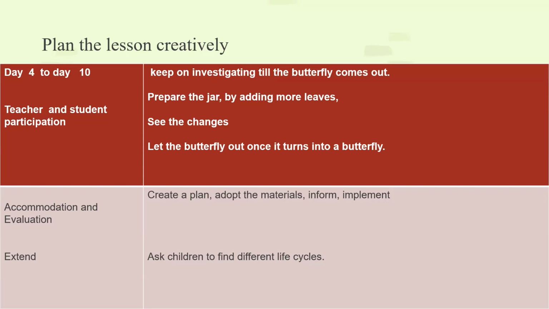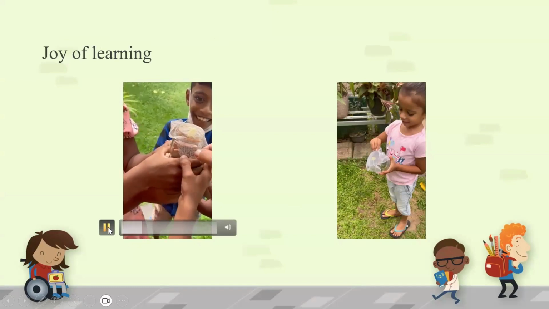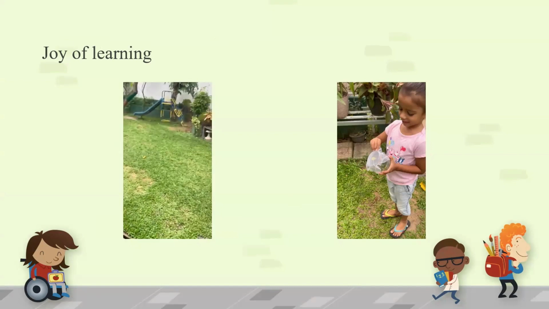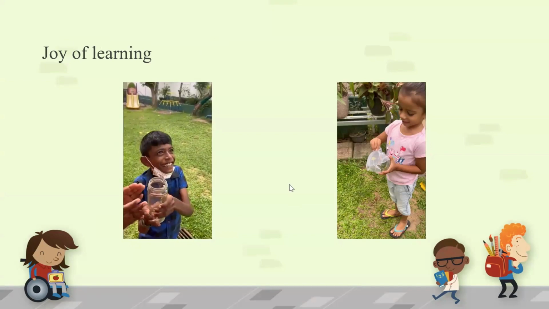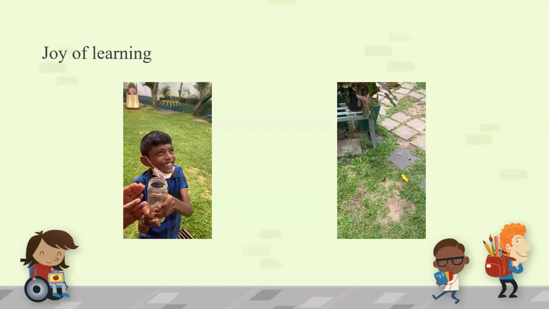Let's go to see how our butterflies flew away. You can see this little video. See how happy the child is to see the butterfly. This is the other video. She's so excited.